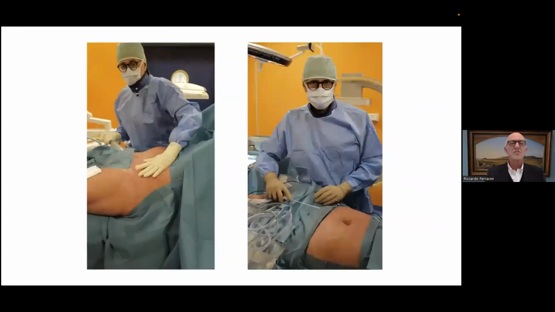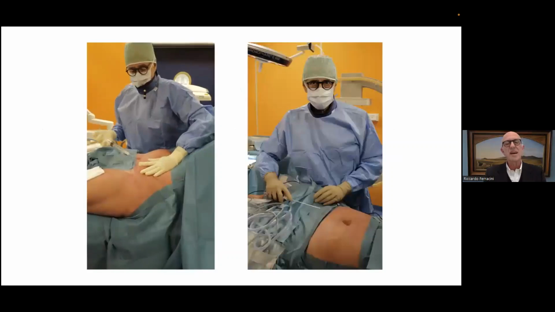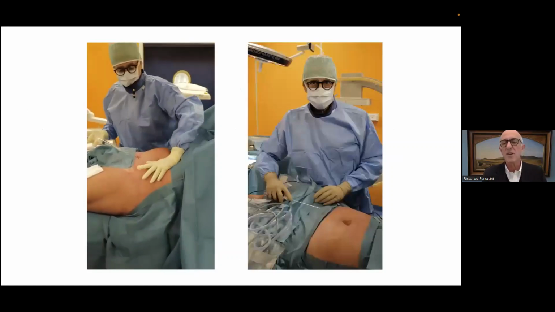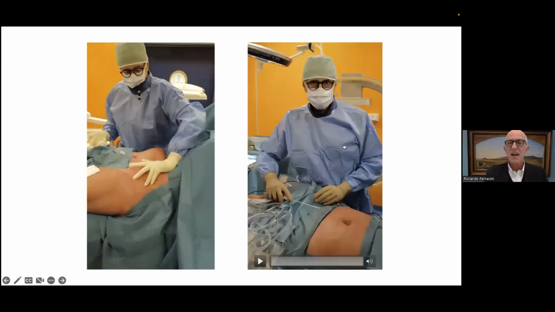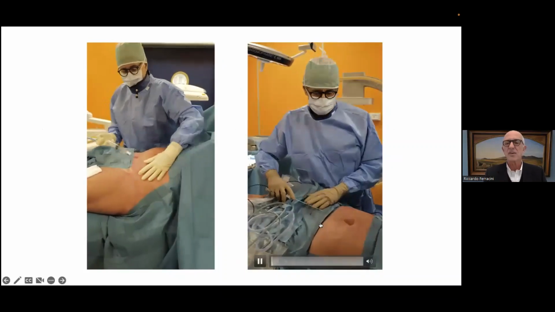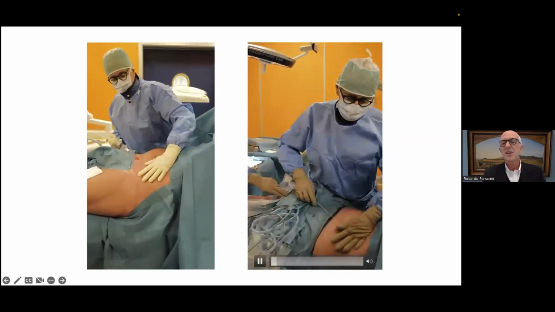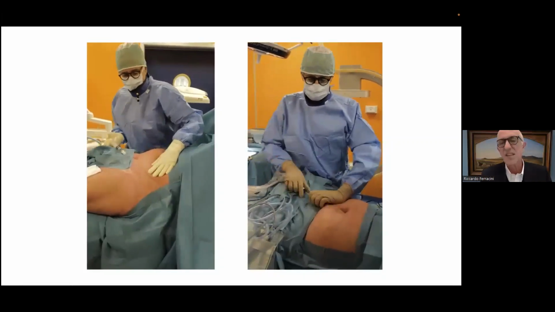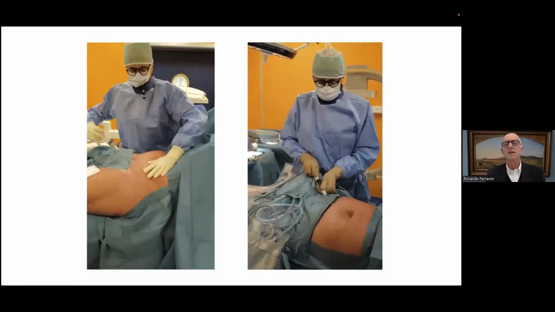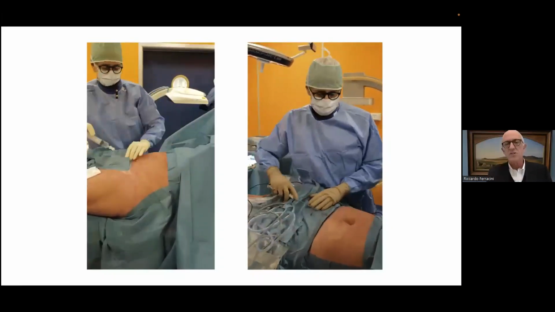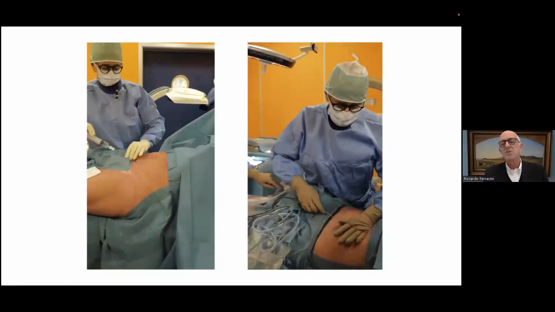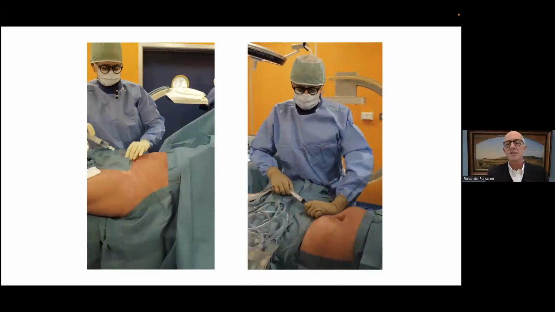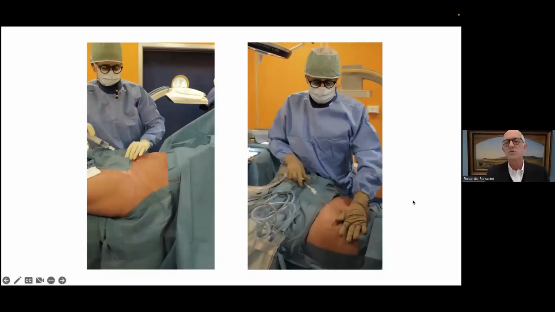So this is the infusion, with a small cannula. And this is a bigger cannula that I use for liposuction. Nice and easy procedure. We do it with the syringe because the syringe allows you to be more gentle in the suction.